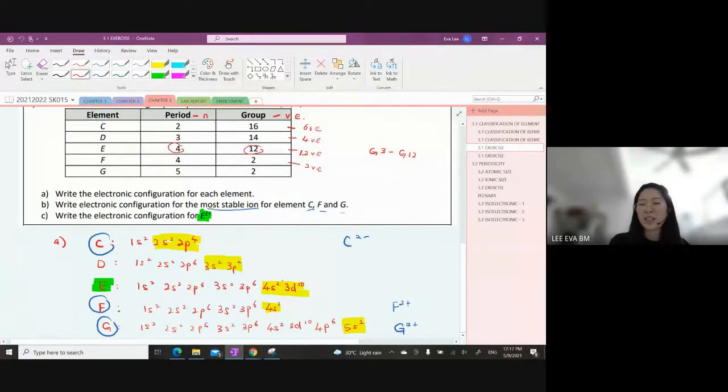So awak akan keluarkan 2 elektron daripada 4s. So awak punya electronic configuration tinggal 3p6, 3d10 sahaja tanpa 4s2. Okay, so remember removing the electron from 4s before 3d.